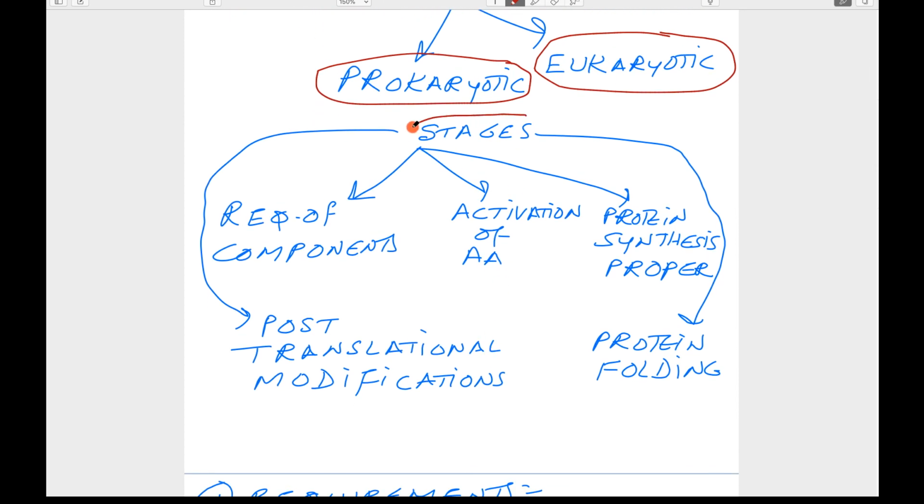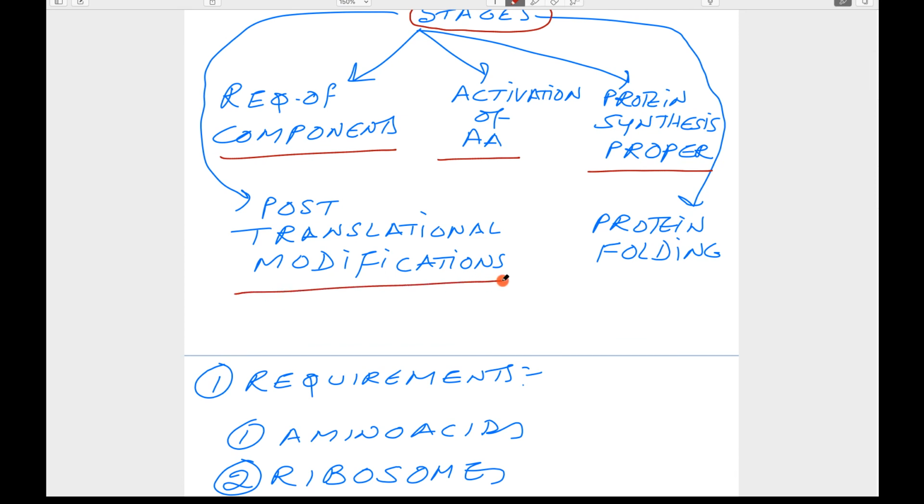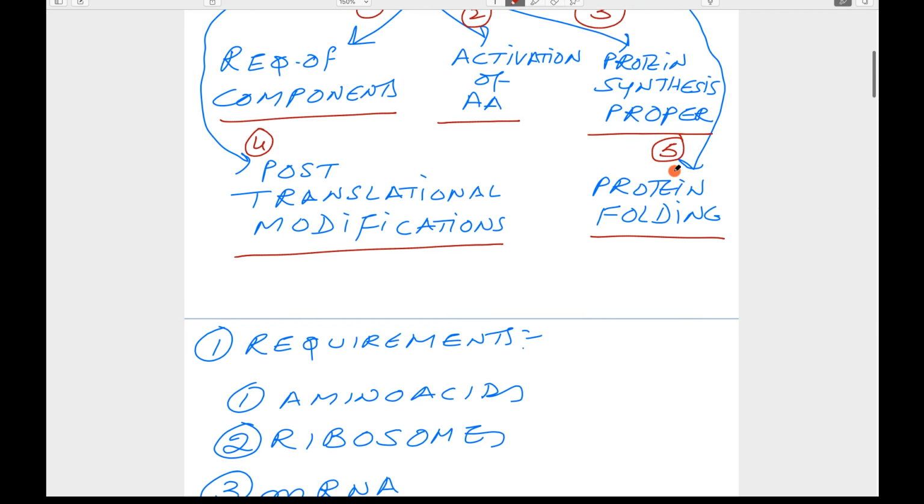So we'll be looking into various stages: the requirement of the components, activation of amino acids, protein synthesis proper, then the post-translational modifications and protein folding. So there are around 5 aspects, in which we'll be studying protein synthesis, including the post-translational modifications and protein folding.